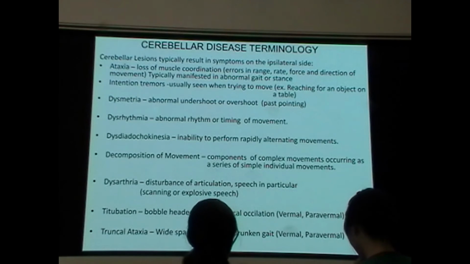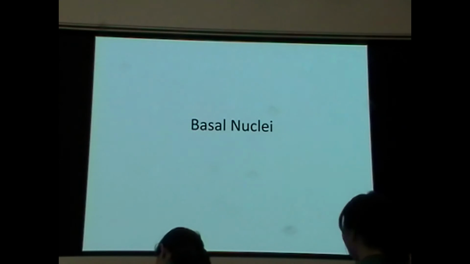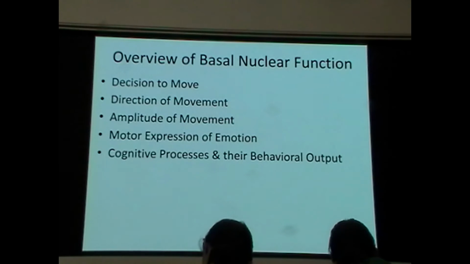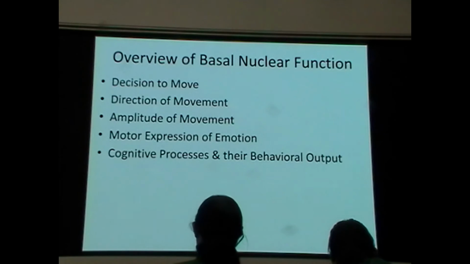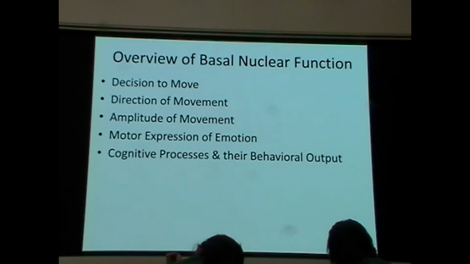All right, so let's look at this last very interesting area of the motor system, the basal nuclei. What does this system do? Decisions to move: so you're going to move, in what direction are you going to move? The amplitude of movement, how much output are you going to give, the amount of force or motor output.